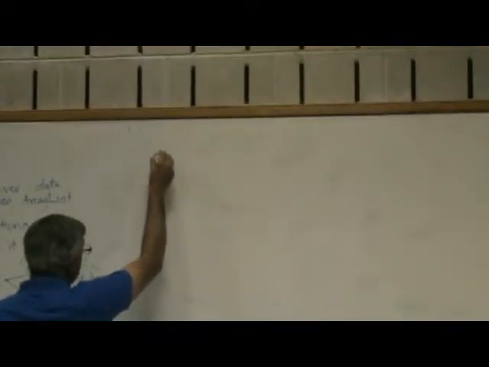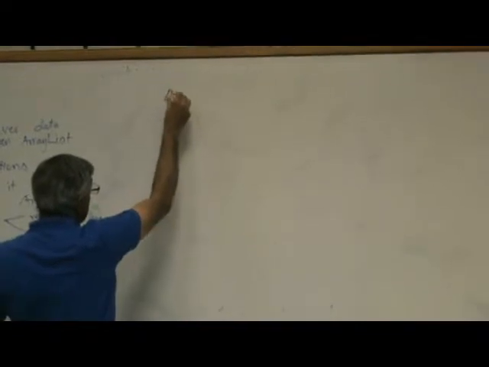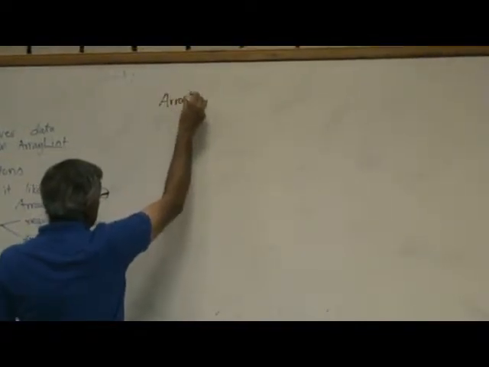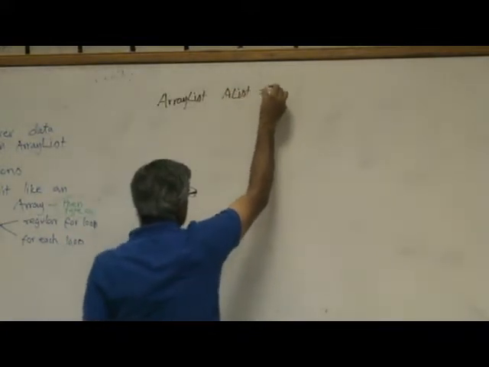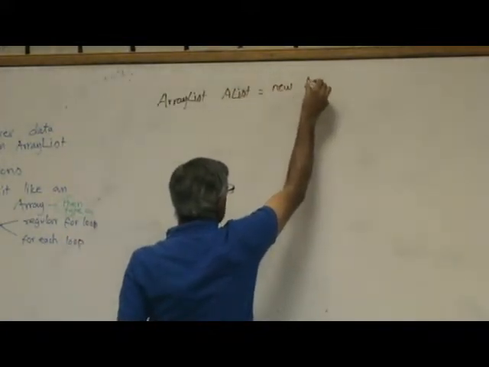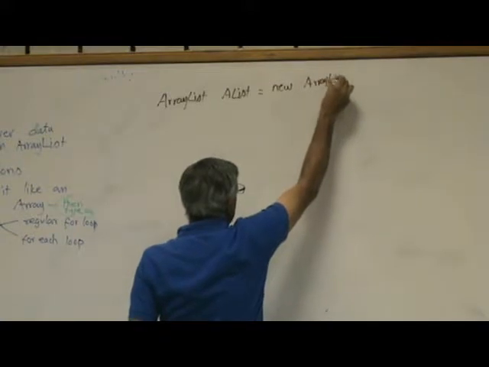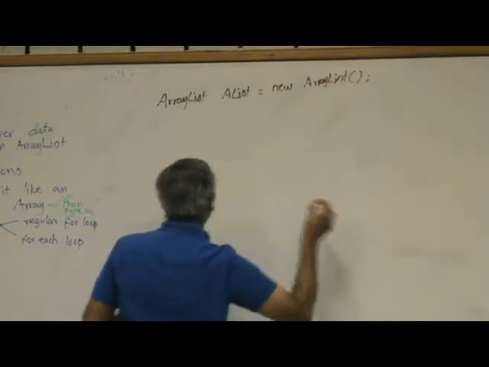Okay, so let's create an example. Suppose it looks like this, array list. A list equal to new array list. So we create an array list, right?